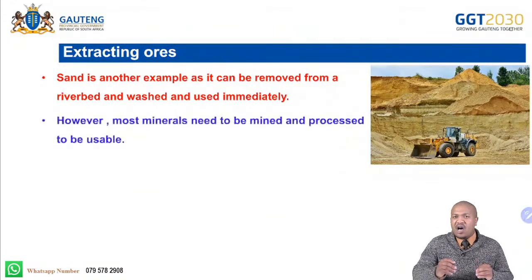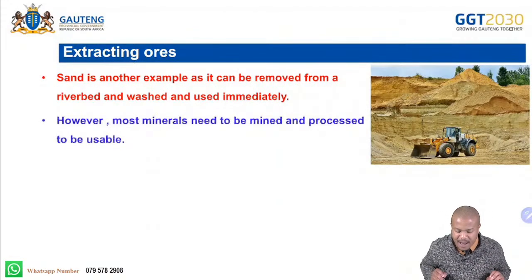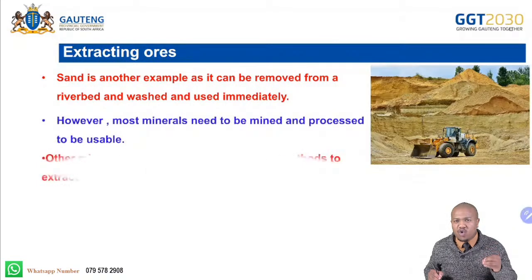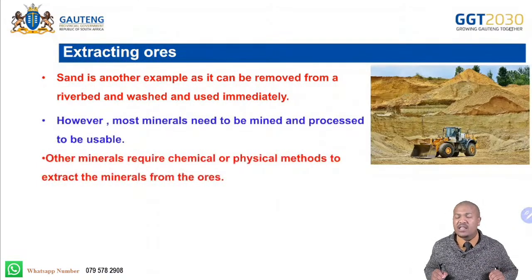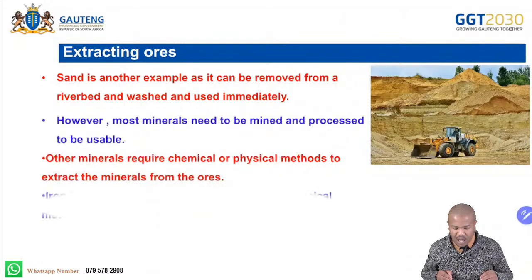Other minerals need to be mined and processed in order for us to be able to use them. These kinds of minerals require certain processes, such as chemical or physical methods, to extract them from the ores. Are we together?